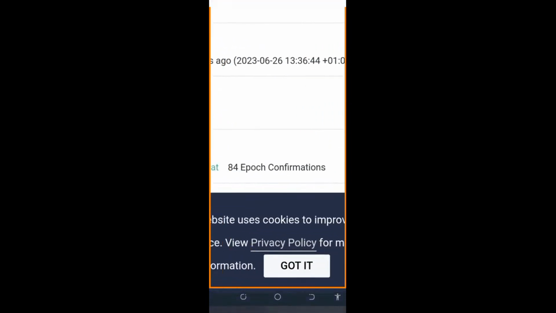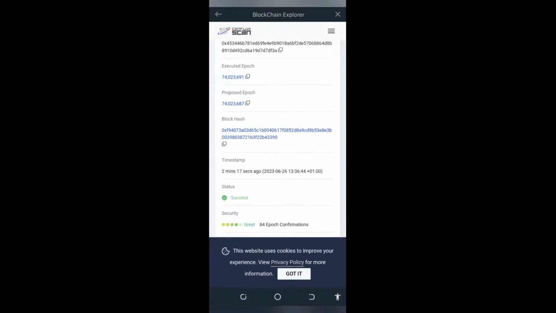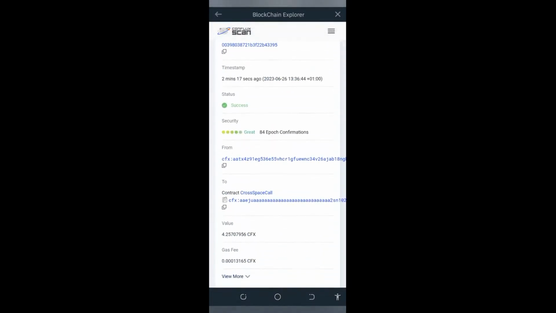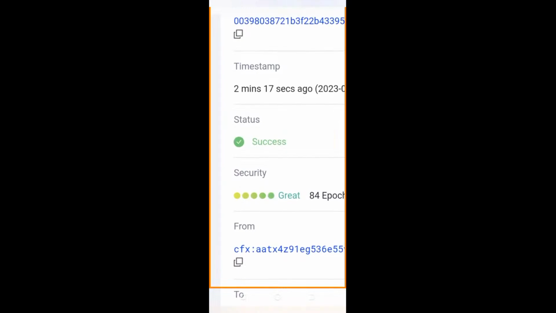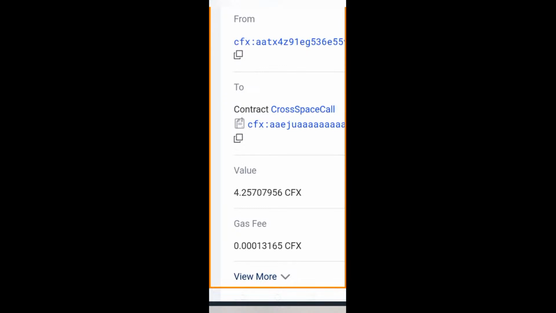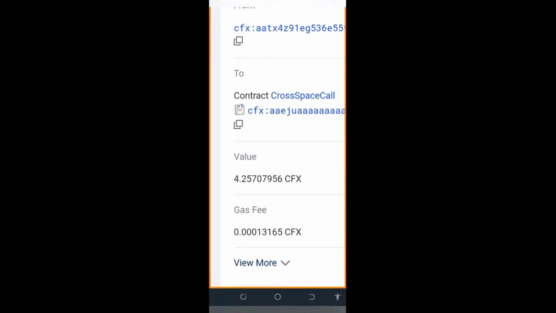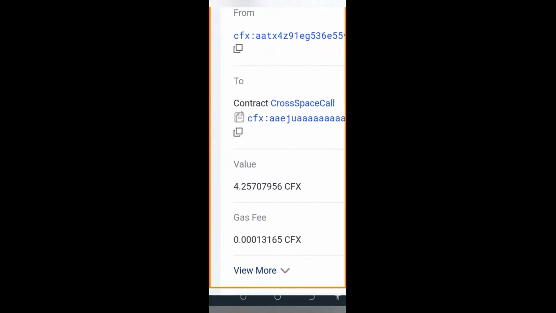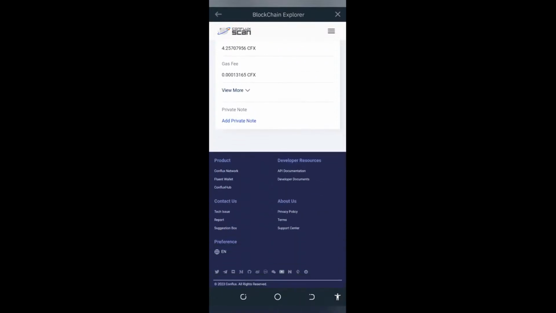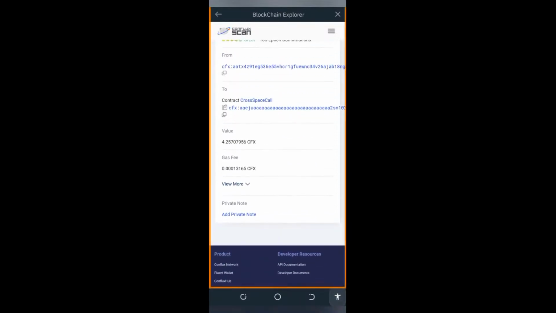All right. So we're still waiting. Got it. I just saw success here. Okay. So if it says success, we may just have to wait a little while. You can see everything is here. So we can see that it's 4.257 CFX, because don't forget it has to take its own trading fee.